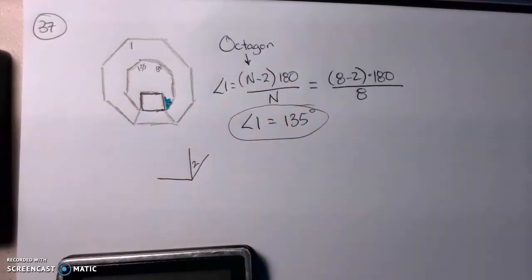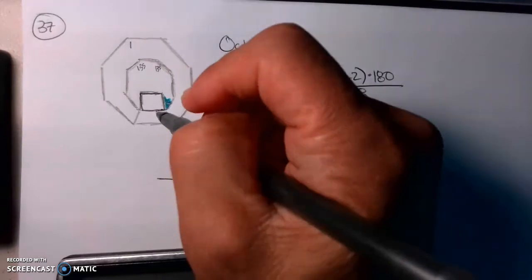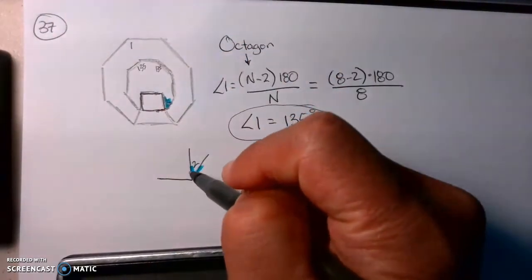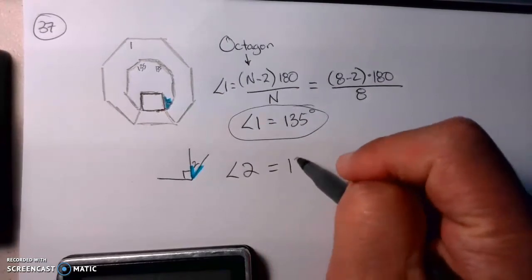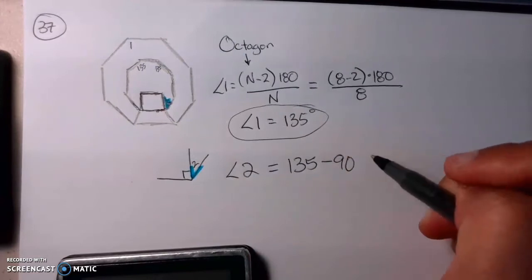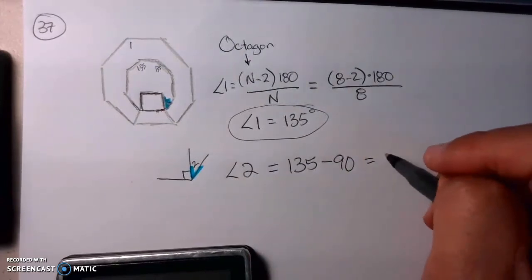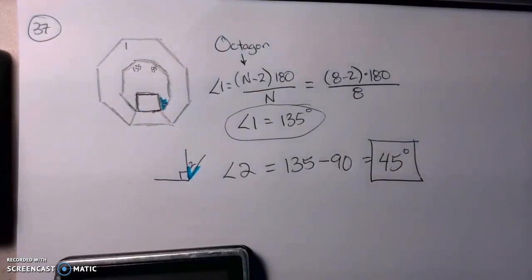Here's where angle 2 is in blue. I know this entire angle right here is 135, and I know this is a right angle. So to figure out angle 2, you take the 135, which is the angles within this octagon, minus out the 90 degrees from the square. This is a 45 degree angle, so angle 2 is 45 degrees.